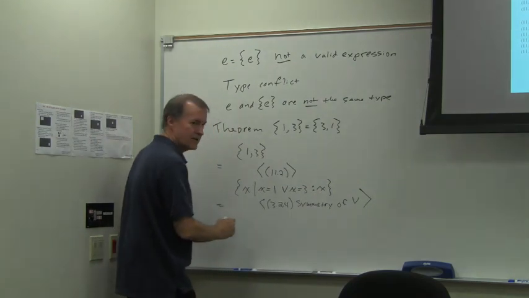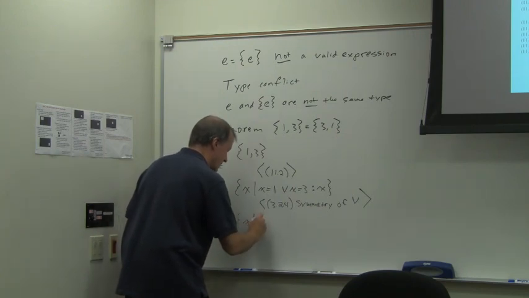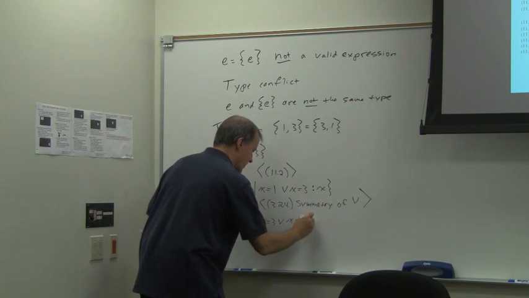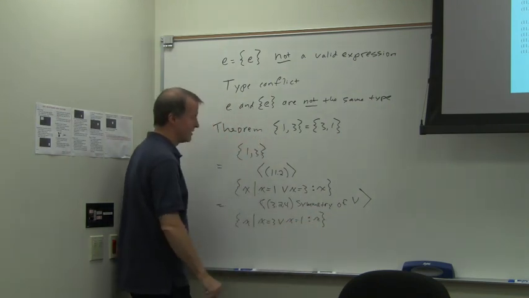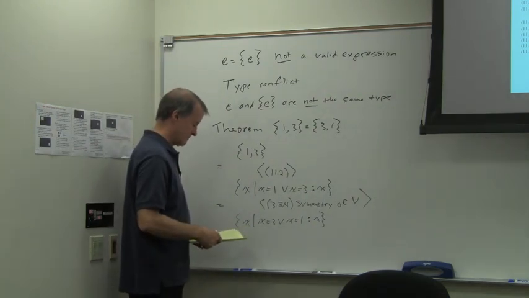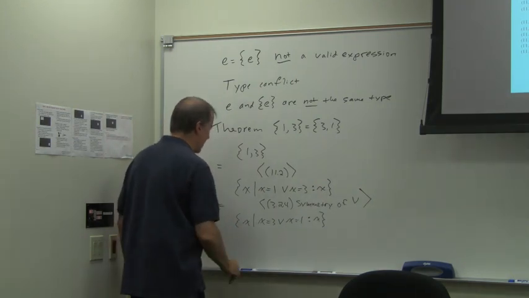Okay, and that's going to give us, Ashley, so what's that going to give us? The set of x, range x equals 3 or x equals 1, body x. And this is sets, right? And then, Josh, now what? We're not trying to get this to true.